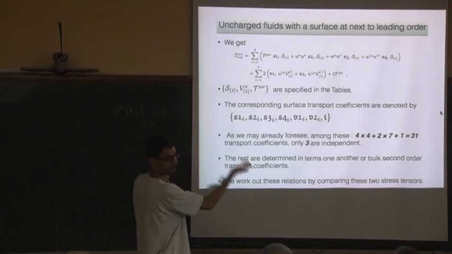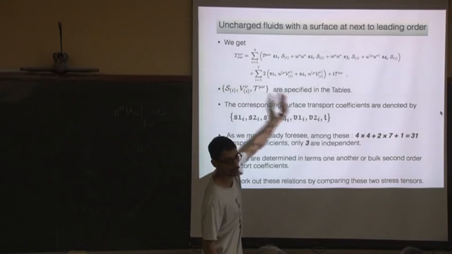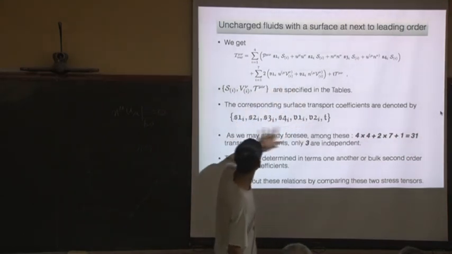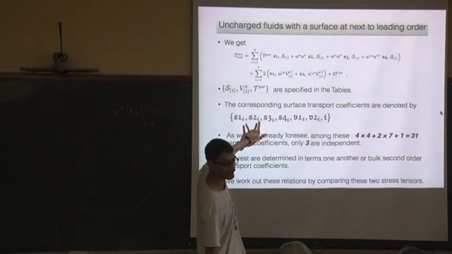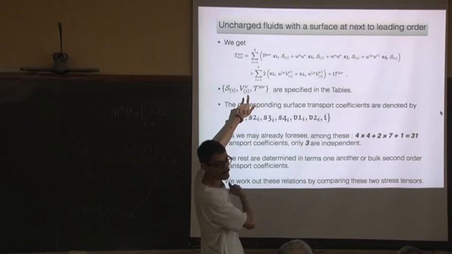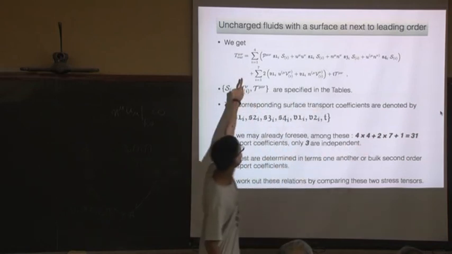So I will compare them to get relations. And as you can see, here are a lot more coefficients. These equations have the transport coefficients which sit with these possible terms which I have written earlier. I can count, there are 31 transport coefficients here.